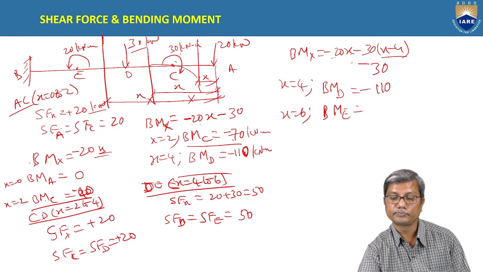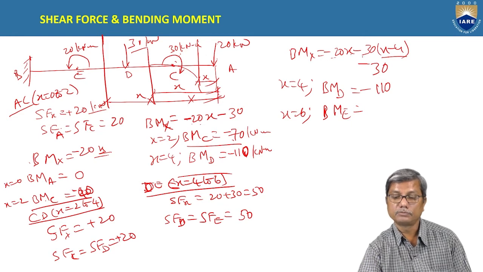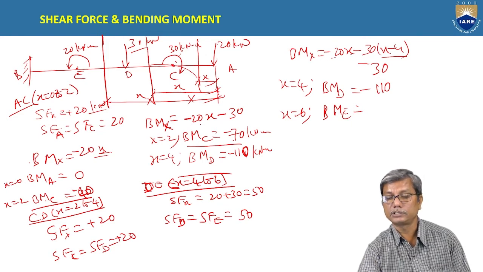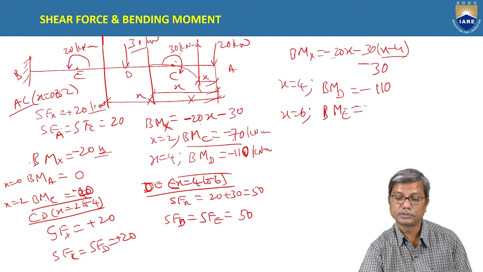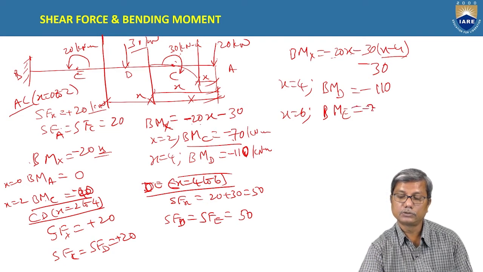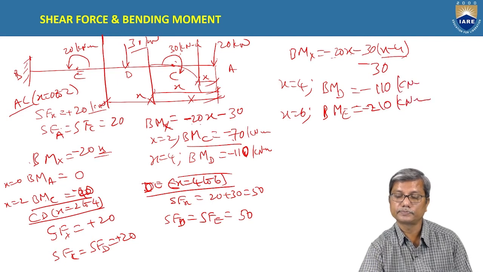Minus 120 minus 60, that is minus 210 kilonewton meters.